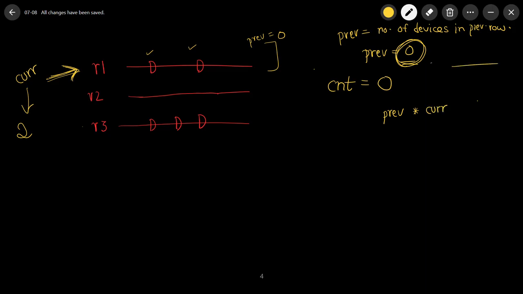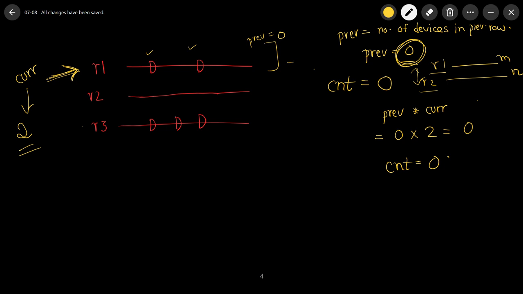That is the number of devices in R1 into the number of devices in R2, as I showed you earlier. R1 and R2 are nothing but adjacent rows. So previous was 0 and current here is 2. So 0 into 2 is nothing but 0. So count still remains 0. So we have considered this.